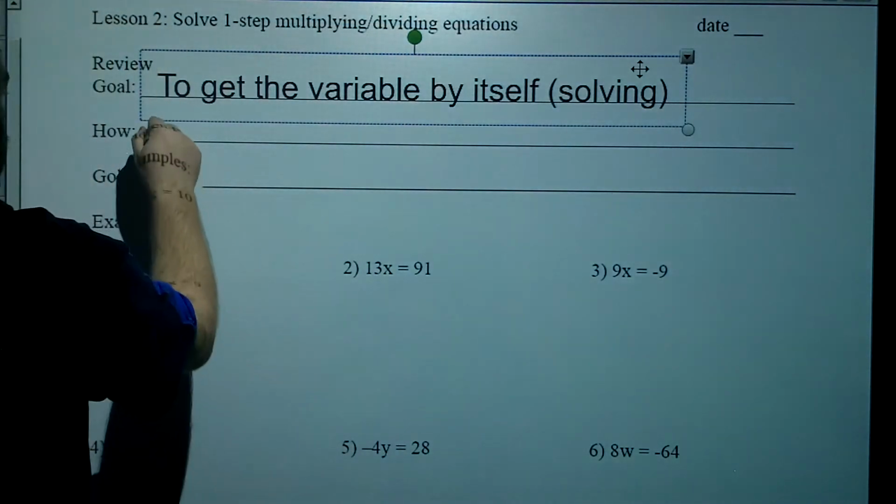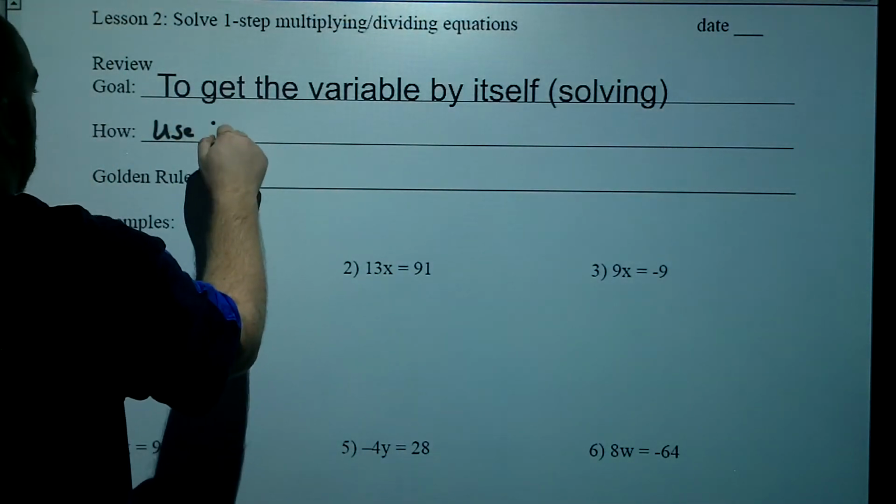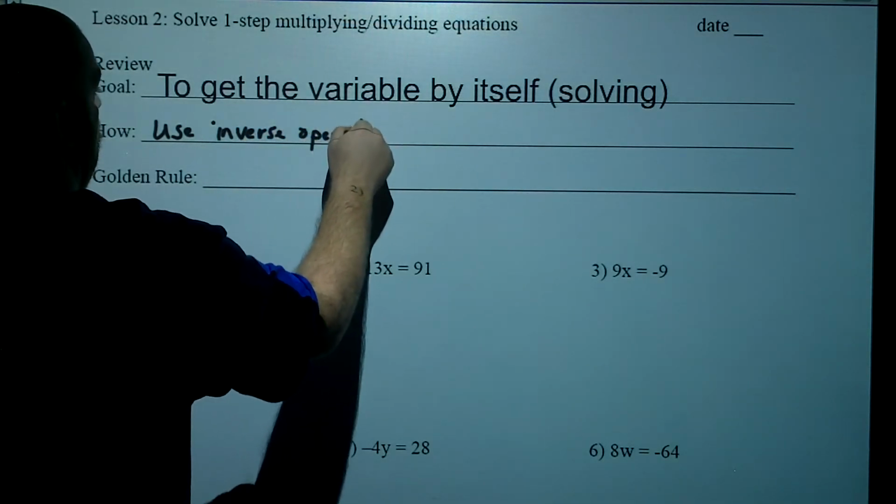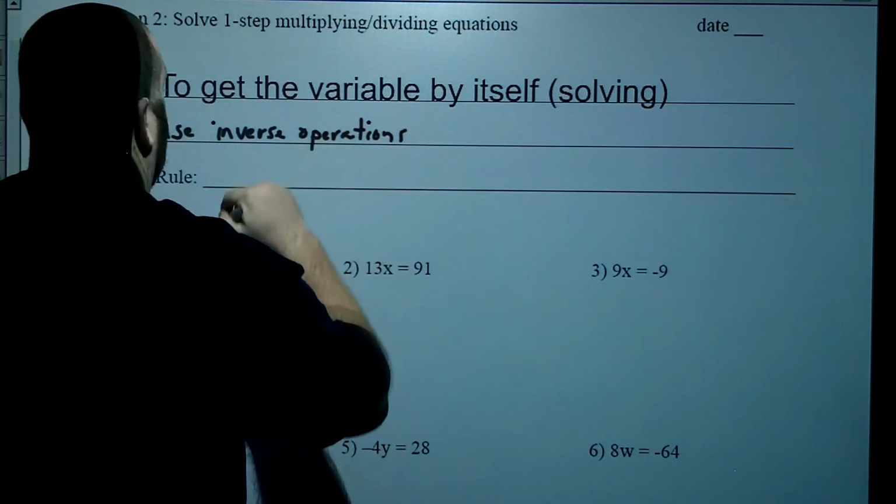How are we going to do that? We're going to use inverse operations, which means we're going to undo the equation working backwards.